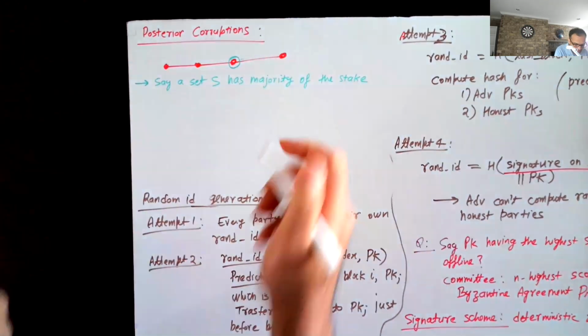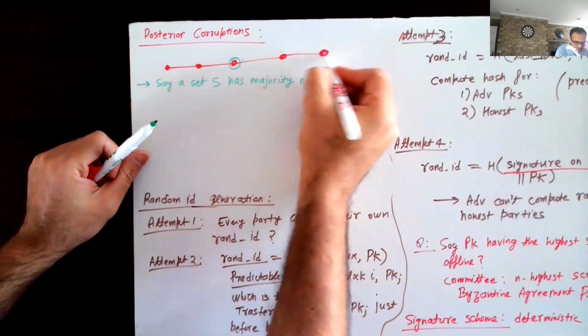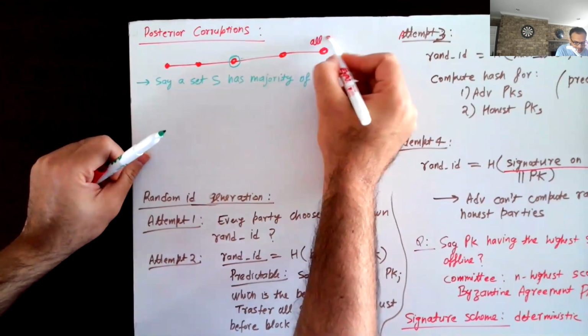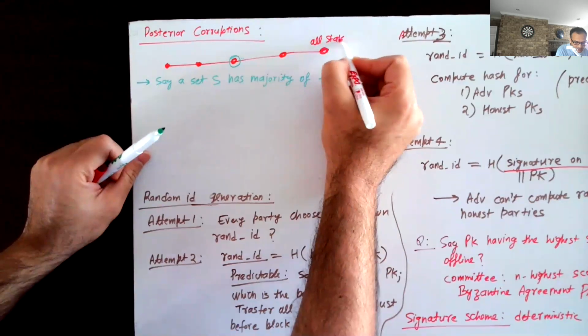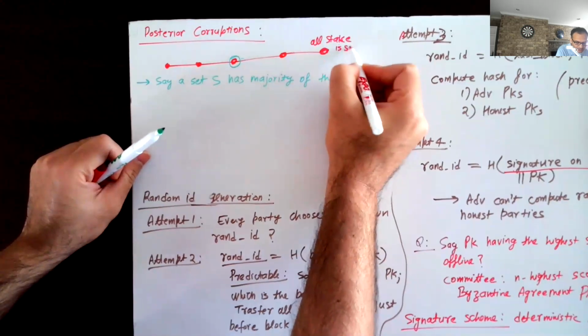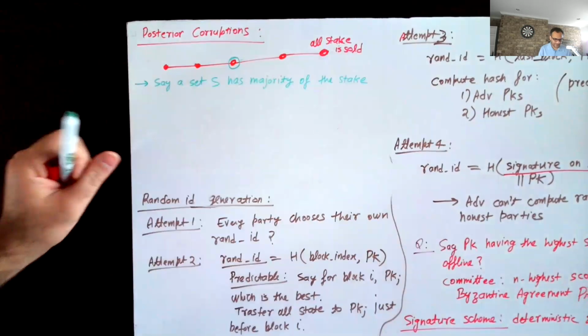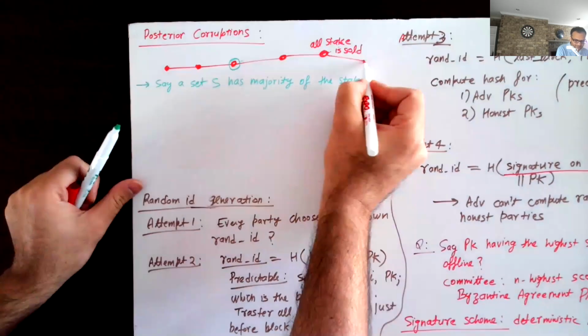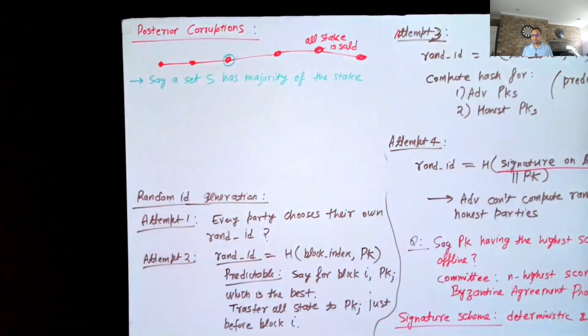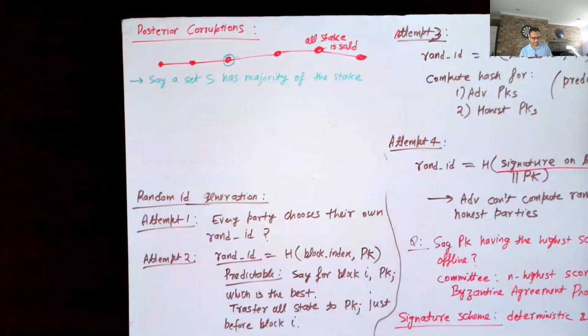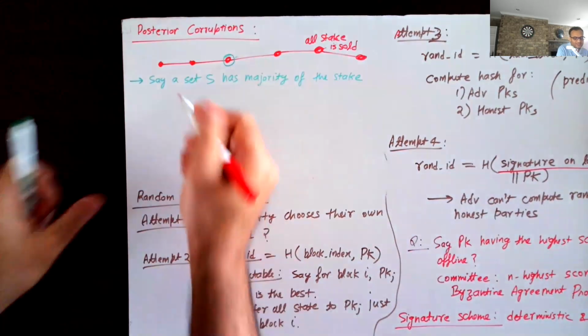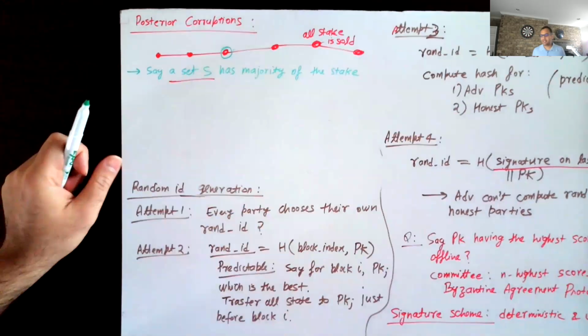At a later point, all stake is sold, and now this set S has no stake in the system.